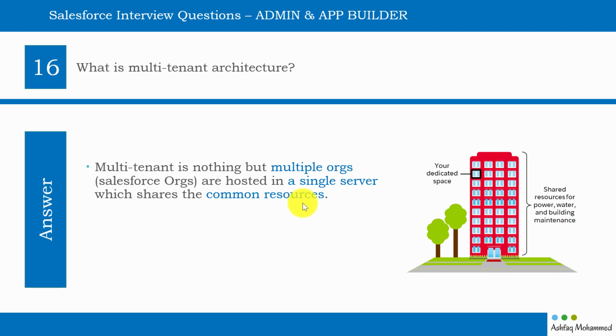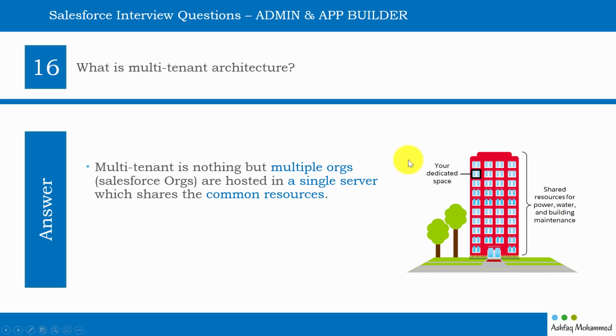But you cannot see their data and they cannot see your data, because, a simple example, if you are in an apartment or flat, when you open your door and enter, you are completely private in your apartment, right? Similarly, if you log into your org, that is just your org, but behind the scenes, you are using the same resources, right?